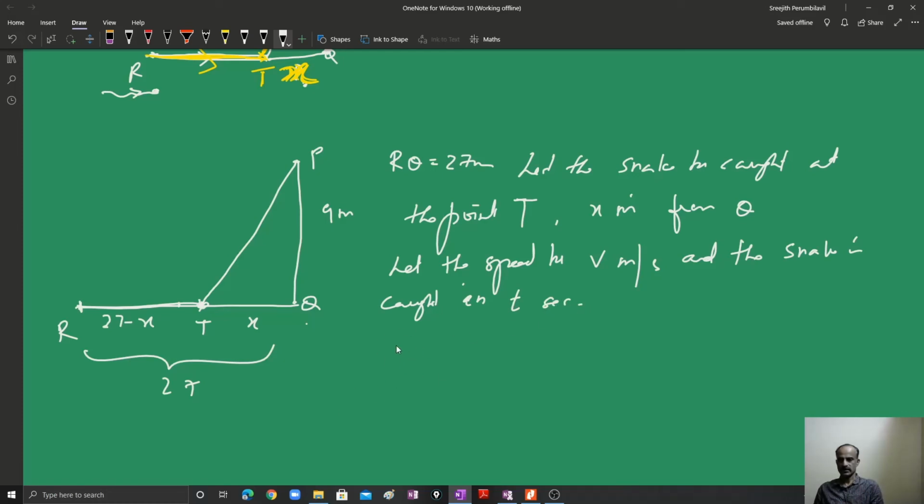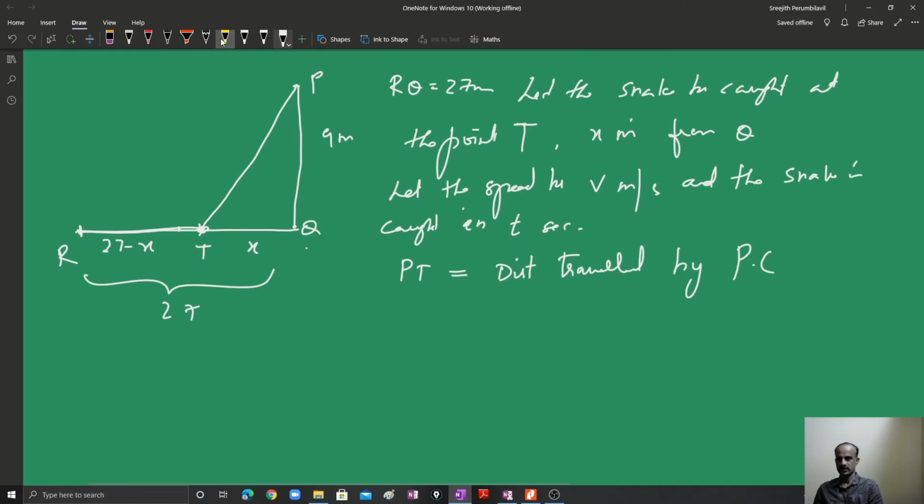So how do you find the distance? PT is equal to the distance traveled by the peacock, which is traveling at a speed of v and taking t seconds.